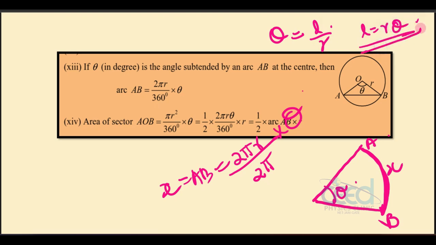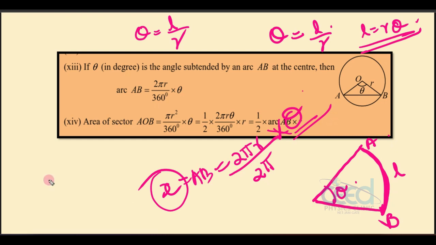L is the arc length, theta is the angle, and arc length by radius gives theta. Or you can say out of the total perimeter, take the part corresponding to the subtended angle, that is the arc length. Area is also like that. Suppose you need this arc area. What is the total area?